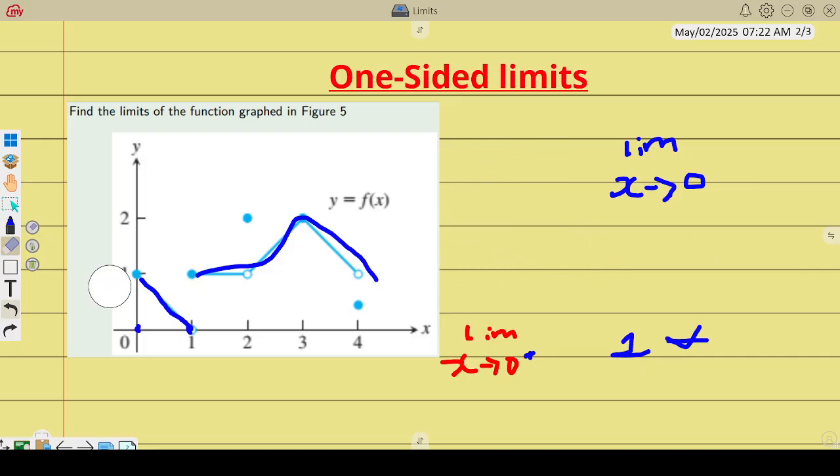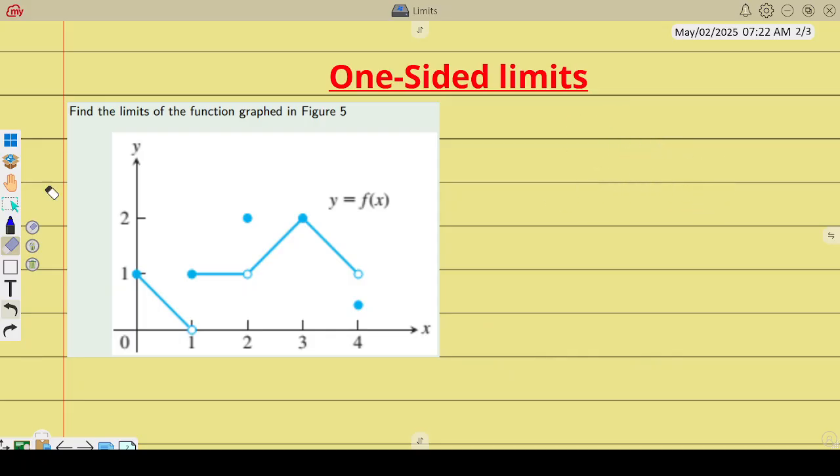So let's go to the next point, which will clarify things better. At the point 1, what happens? Let us approach the limit when x goes to 1 from the negative, and the limit when x goes to 1 from the positive.